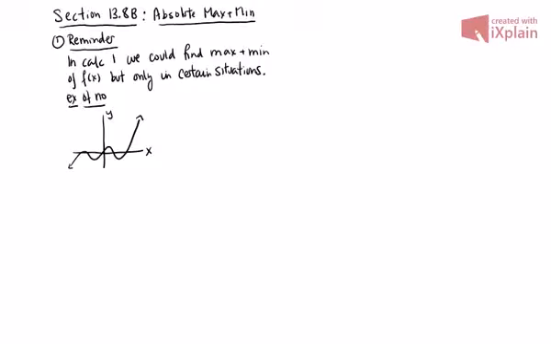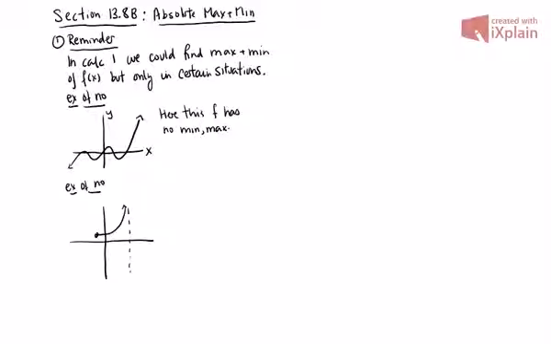Since there's no restrictions on x, this f has no min or max. Or another example might be when you've got something like an asymptote. So you might have something like this. Here f has no max.